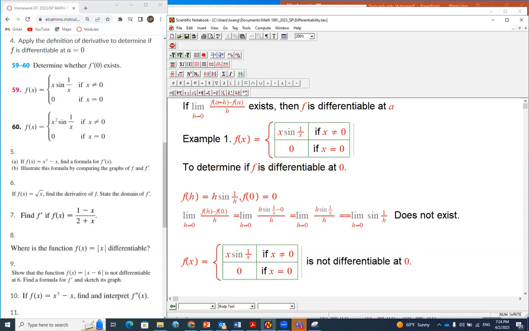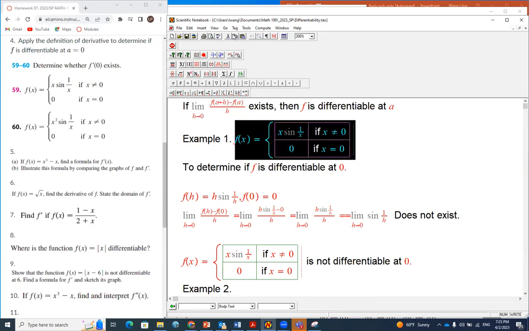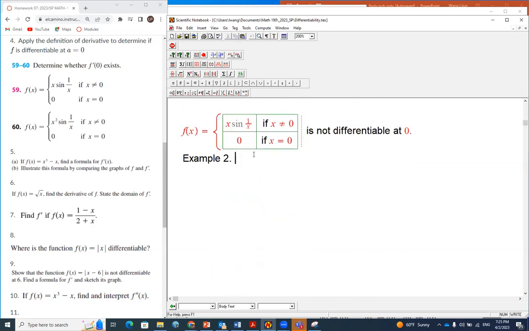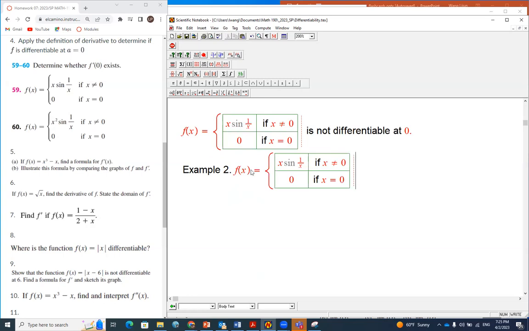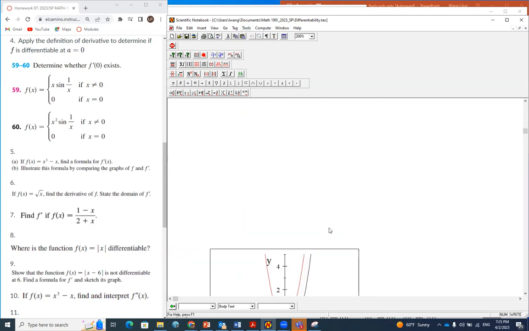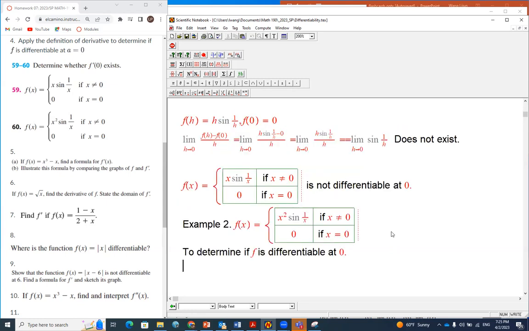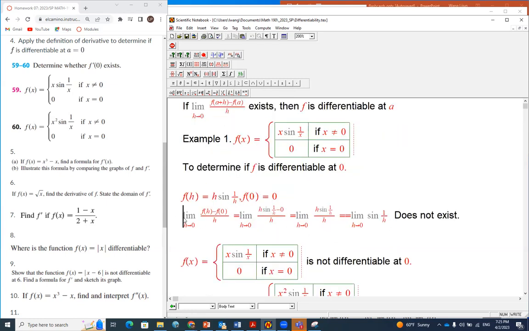Let's look at the second one, example number 2. We have almost the same function, except there's a little minor change. This is x squared. We're still checking to determine if this new function is differentiable at 0. So everything is almost the same.